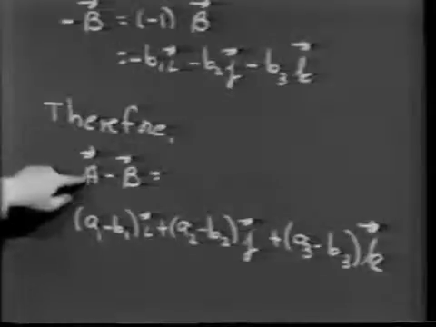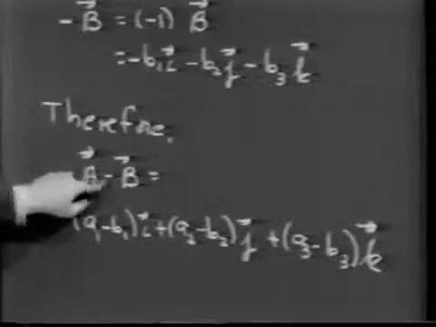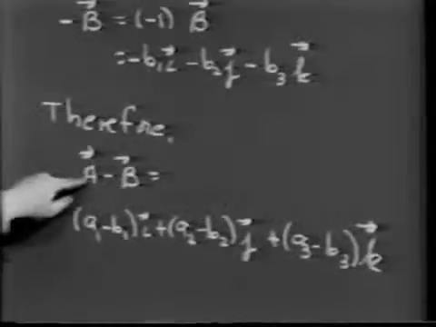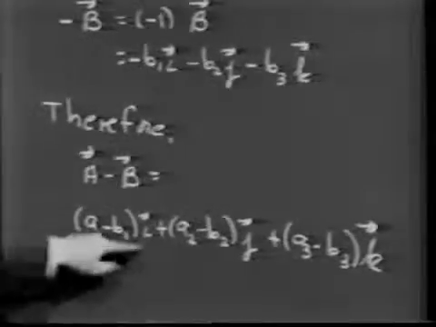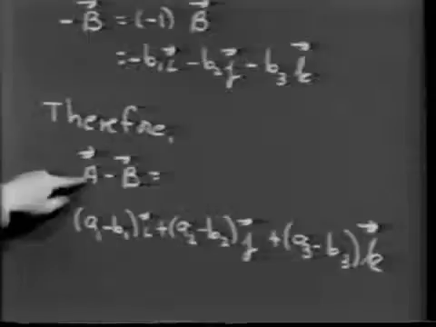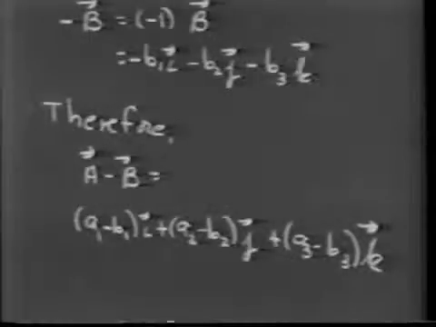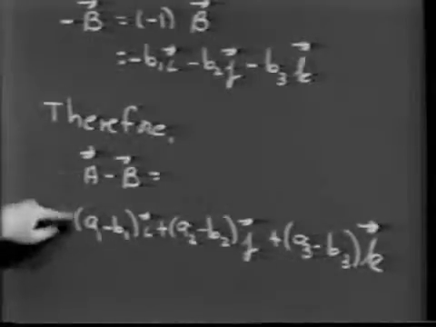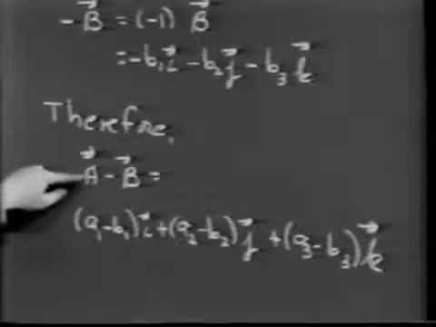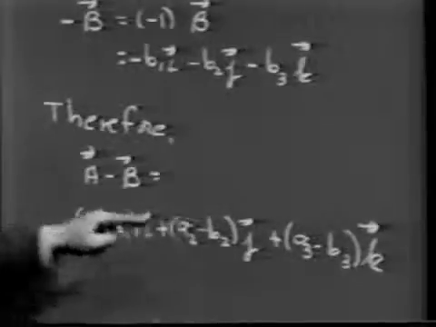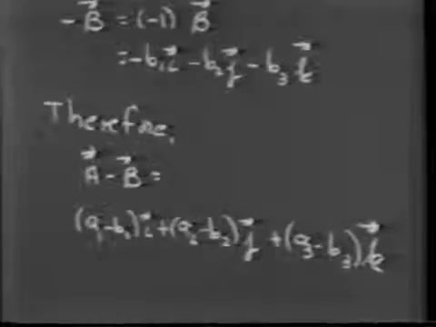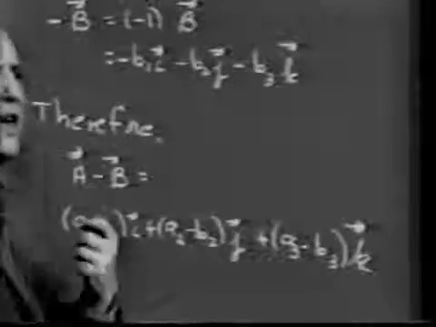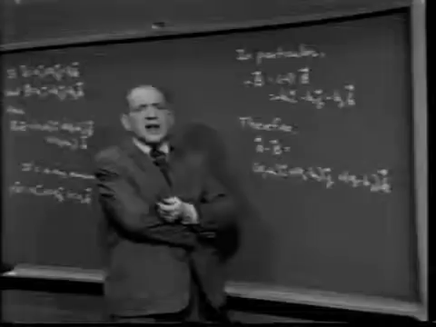From the first vector's component, the corresponding component of the second vector. In other words, in Cartesian coordinates, once we know a1, a2, and a3 as the components of a, and b1, b2, and b3 as the components of b, we just subtract component by component to get this particular result. And this is, I think, very important to understand.